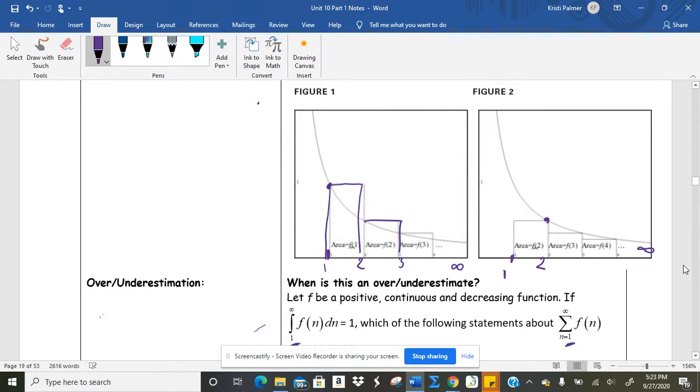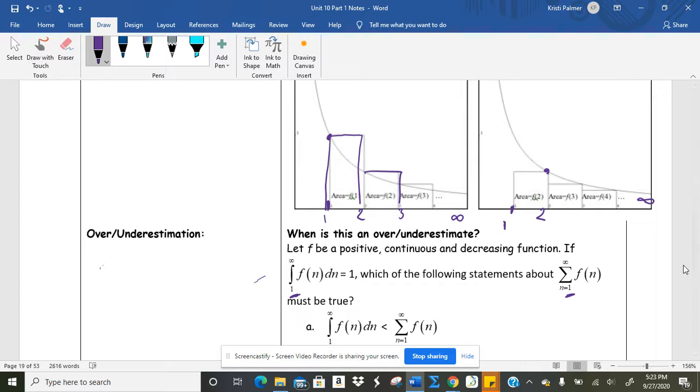So if I was looking at these, I want to know which one of these would have to be the right and which one would have to be the left if I am starting at 1 versus starting at 2. Well, if you see, this one had to have started at the 2 because the 1 didn't touch. This one started over here at the 1 as I went from 1 to infinity.